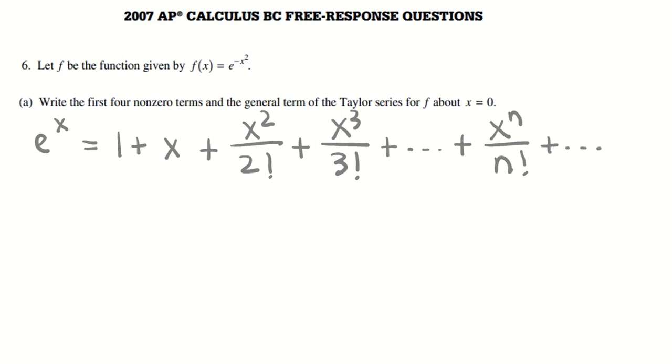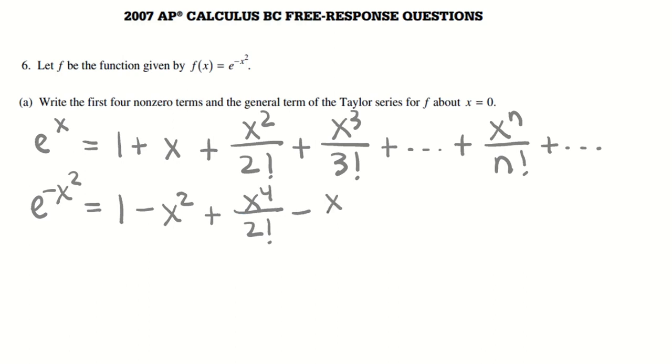That means that e to the negative x squared is, I'm just going to replace x with negative x squared. Well, that'll be a negative x squared. When I square negative x squared, I'm going to get positive x to the 4. When I cube negative x squared, I'll get negative x to the 6th. And then I'm just going to call this negative x squared to the n divided by n factorial.